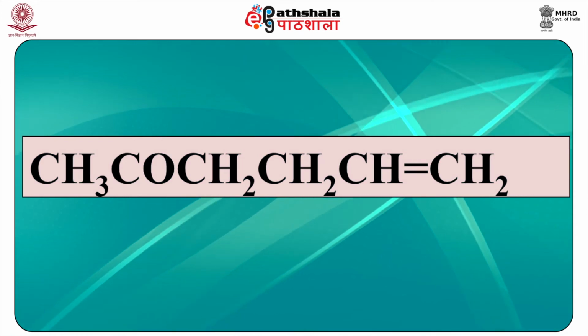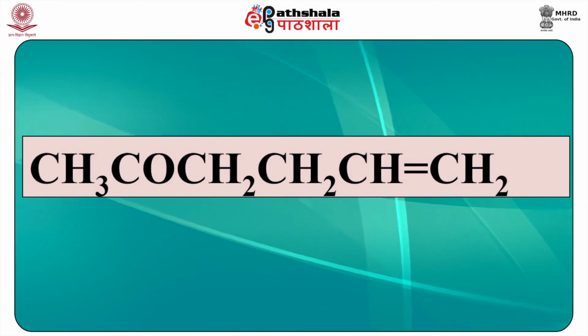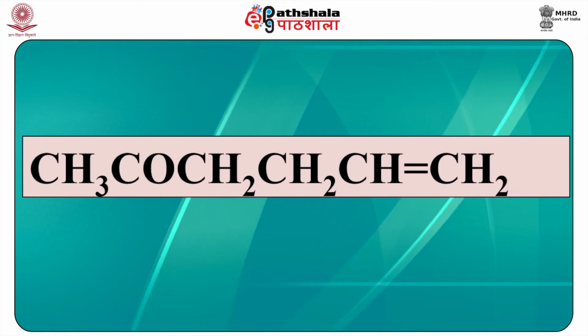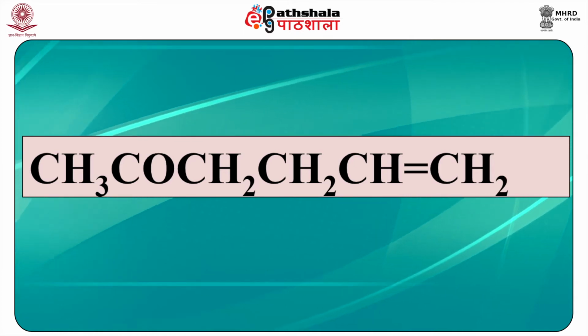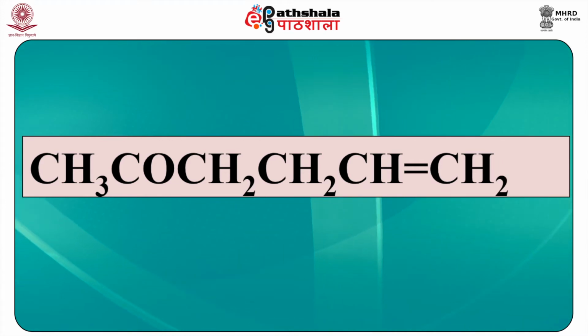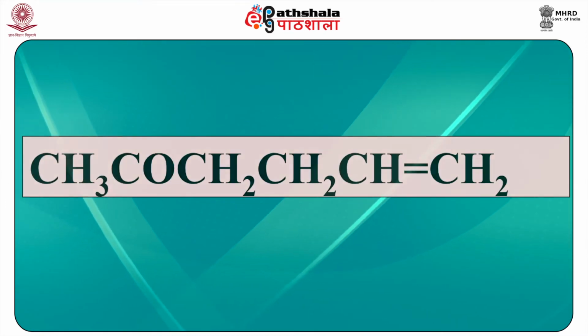The presence of a CH double bond CH2 unit is confirmed by carbon 13 NMR data at 115 and 137.6 ppm. Hence, the structure of this compound, as we can see from all the spectroscopic data so far, will be CH3, CO, CH2, CH2, CH, double bond CH2.